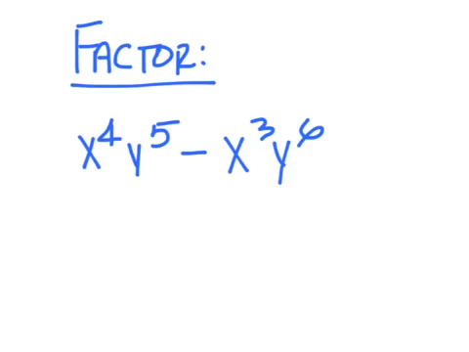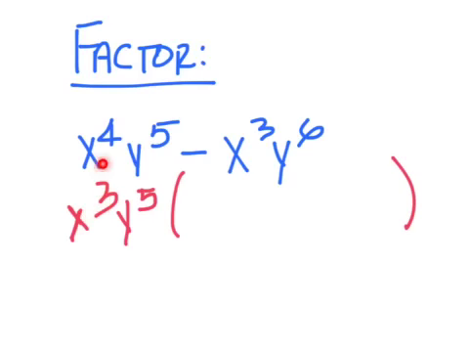We'll do this one together. What's the lowest power of x? X to the third. And what is the lowest power of y? Y to the fifth. X to the third times what is y to the fourth? X. Y to the fifth times something is y to the fifth. 1, we don't write it.